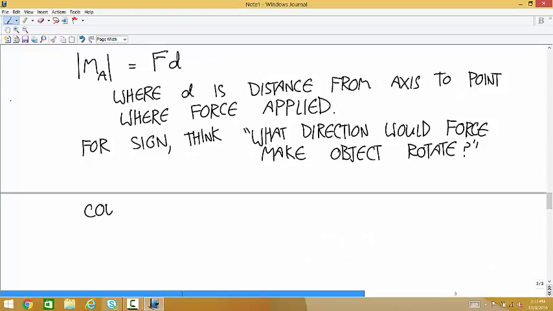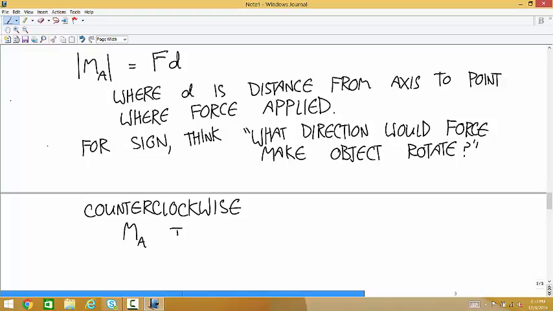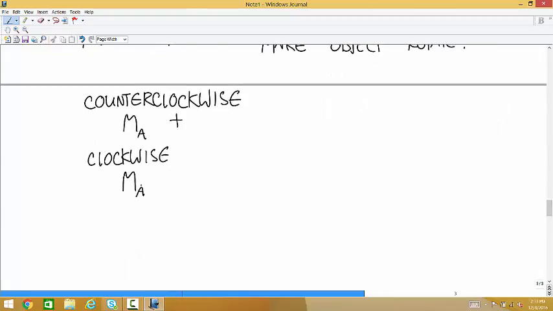If it's counterclockwise, then the moment is positive. If it's clockwise, then the moment is negative. It's just like the angles with sine and cosine. A counterclockwise angle is positive and a clockwise angle is negative.